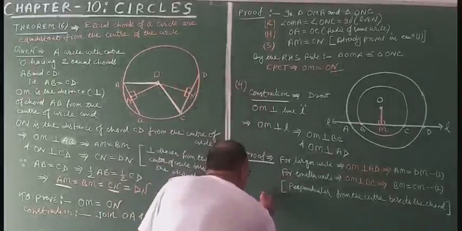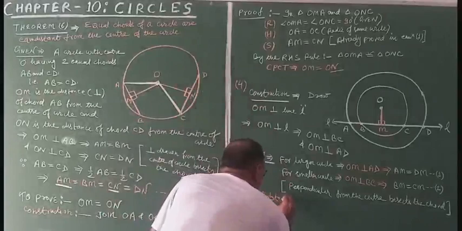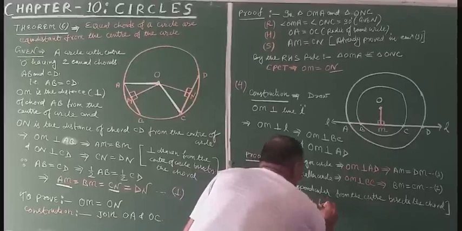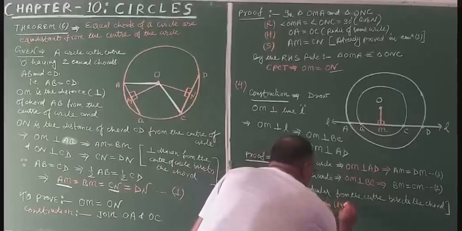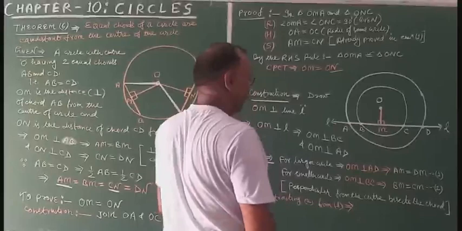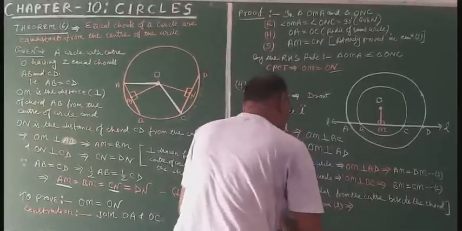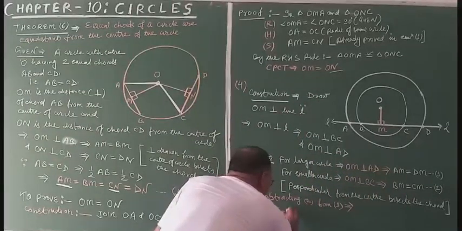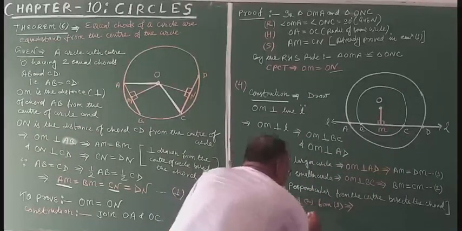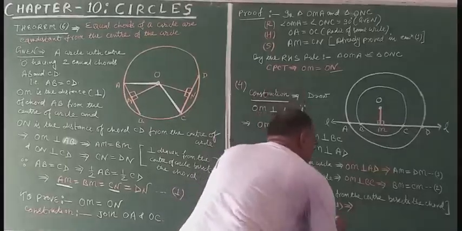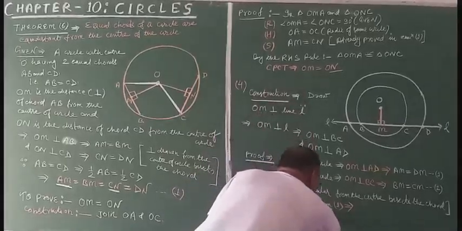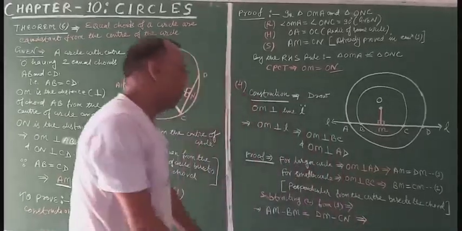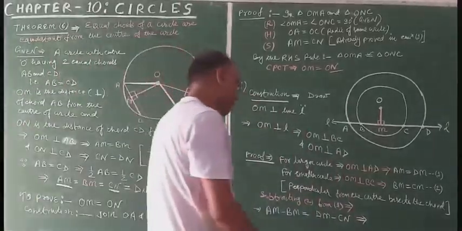Subtracting equation 2 from 1, what will you get? AM minus BM is equal to DM minus CM.